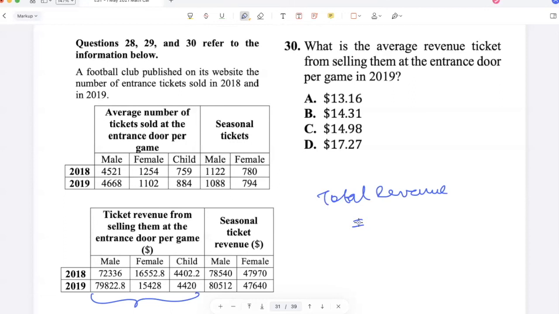So that's 99,670.8, divided by 4668 plus 1102 plus 884. So that's 6654. So my final answer would be 99670.8 divided by 6654. So that's 14.98.